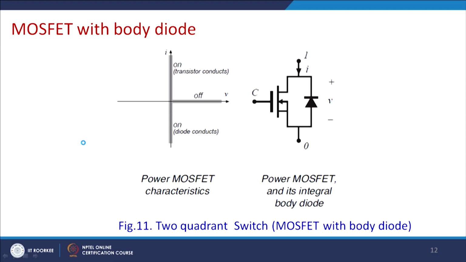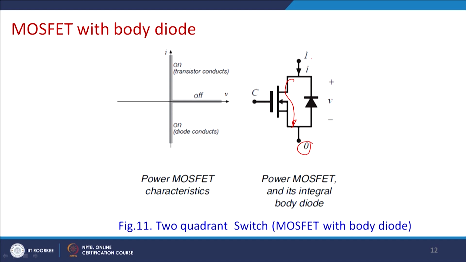Thus, when let us say potential 1 and 2, it is controllable, because if you apply a positive gate voltage above the VTH, then current will flow in this direction. But if the voltage of potential 0 is more than 1, the current will find its path through the diode.